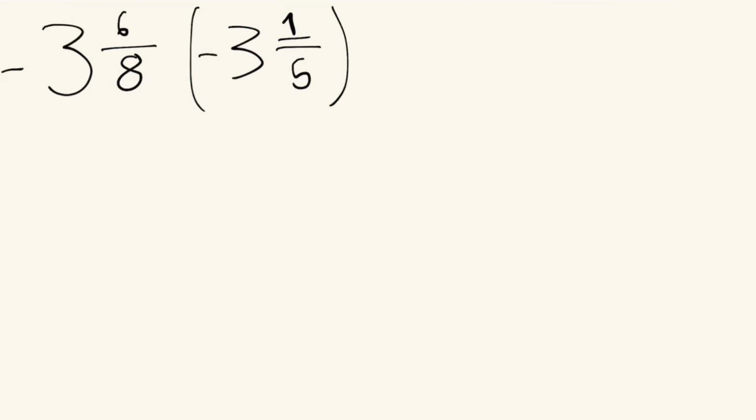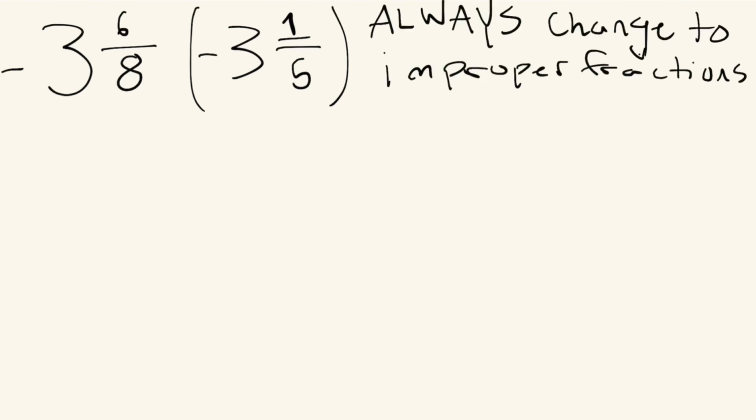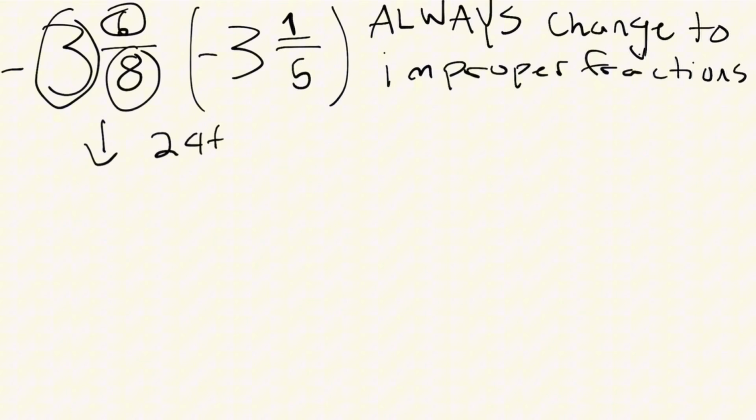We have -3 6/8 times -3 1/5. We want to make sure that you always change your mixed numbers into improper fractions, no matter what multiplication and division problem you're doing. So we have 3 times 8, which is 24, plus your numerator, 6, which equals 30. And we just keep our denominator, so we put the 8 there, and our number is negative, so we just keep it negative.